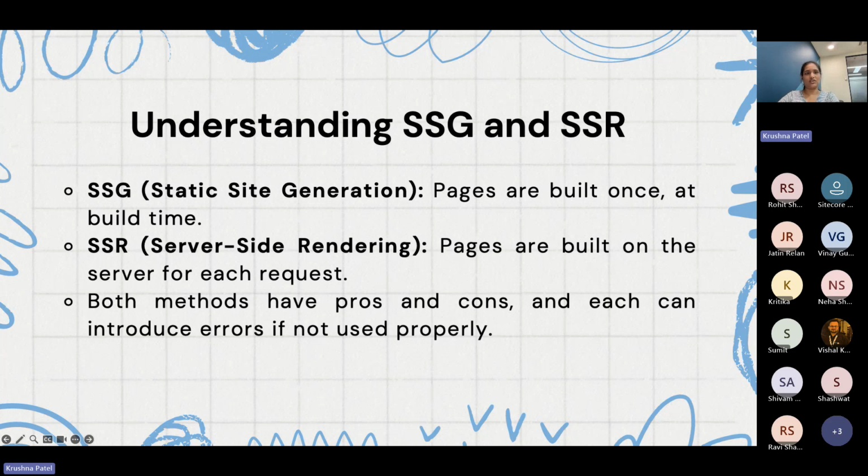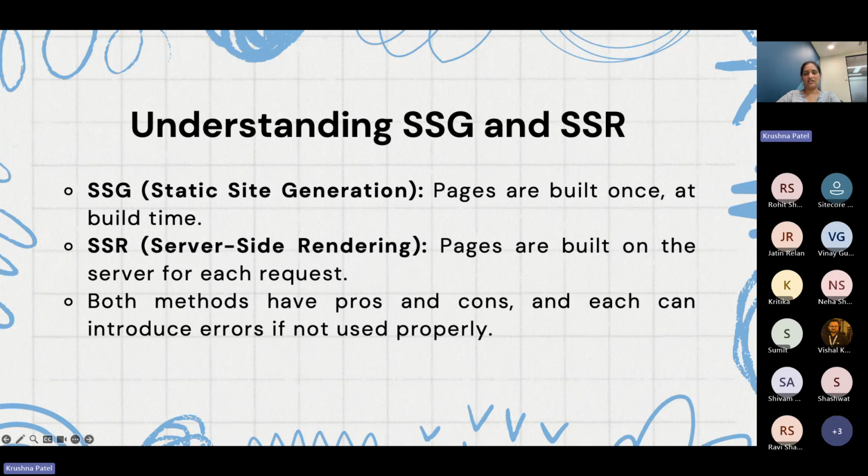The other one, second, is SSR, which stands for server side rendering. It is different. In SSG, the page was built at build time. In SSR, it will build the page at runtime. When the user hits the URL in the browser, every time it will call the server to get the data, generate the page with real-time data, and return it to the user, and then it is visible to the user.